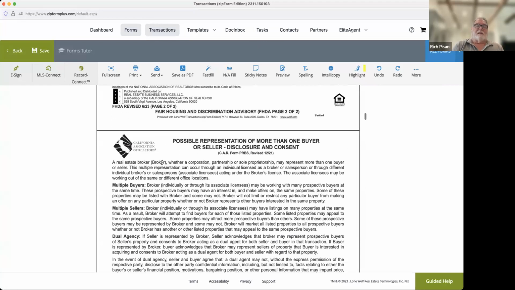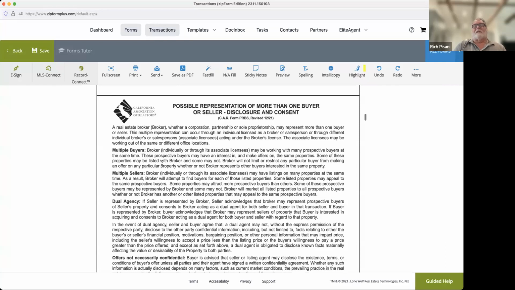Because the emphasis today is on the RPA. Next is the possible representation of more than one buyer or seller. This is telling the buyer or the seller that, hey, my brokerage represents other buyers who may be vying for this property, and also other sellers who have similar properties.